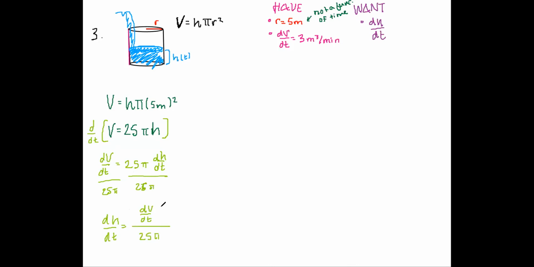And dV/dt, we said, is equal to 3. So this will be equal to 3 over 25 pi meters cubed per minute. Oh, that makes so much sense.